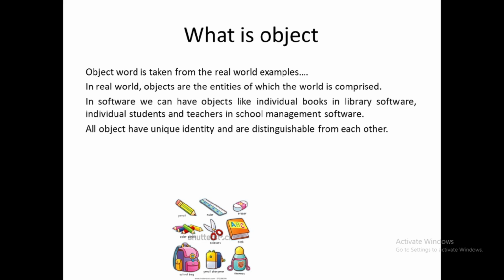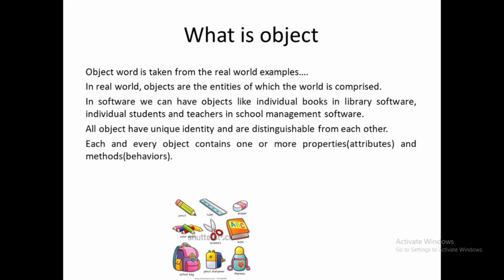Each and every object gets distinguished by its properties. Each and every object contains one or more properties and methods. So remember, in an object there are two things, properties and methods.